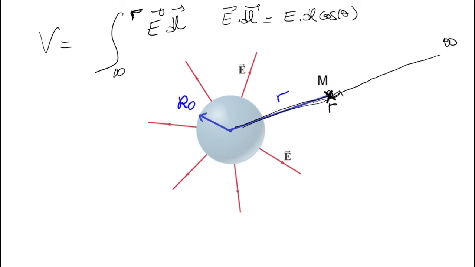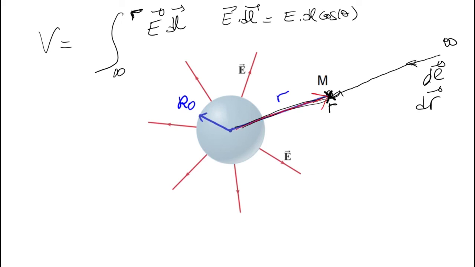At infinity, we have this dl, and this dl, we just call it dr. Now the electric field direction is in the opposite direction.